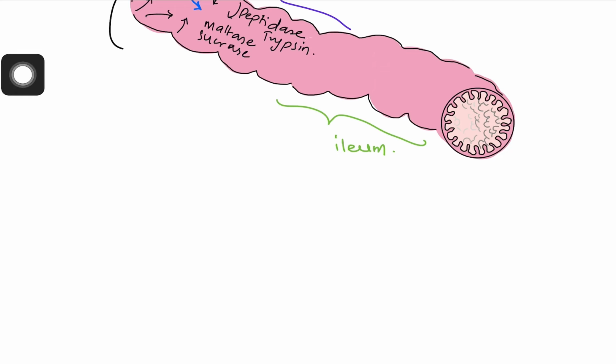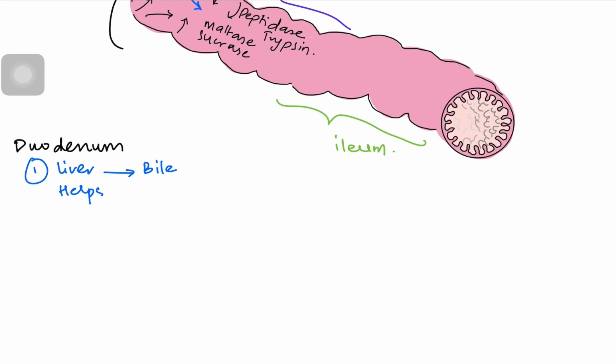Let's quickly write the theory down so we have some written content with us. So first let's talk about the duodenum as a revision. In the duodenum, the liver produces bile which was stored in the gallbladder. Bile is a green-brown colored chemical. It helps in the emulsification of fats, or you can say the emulsification of lipids.